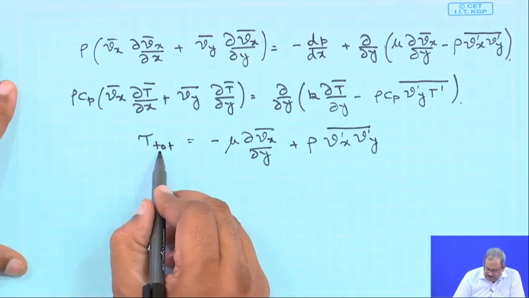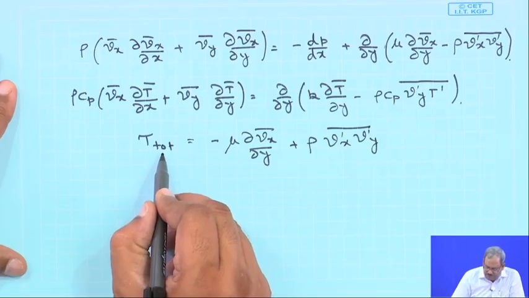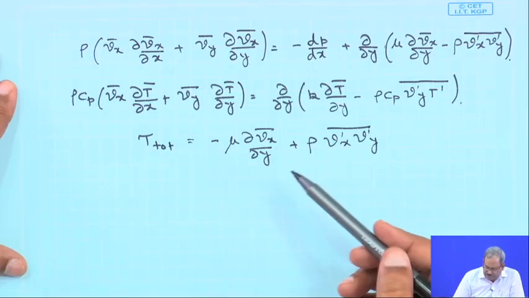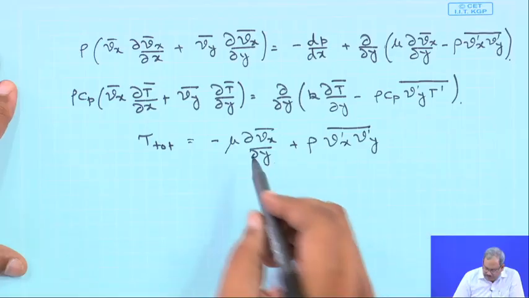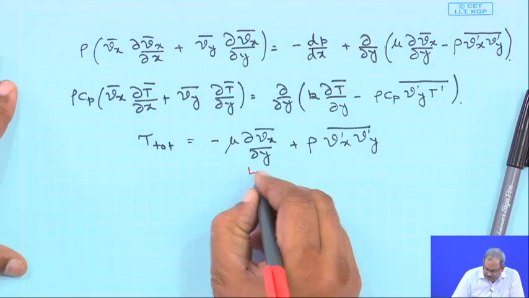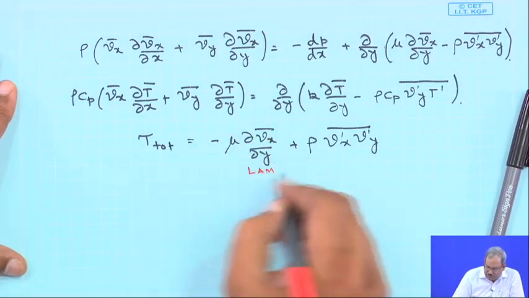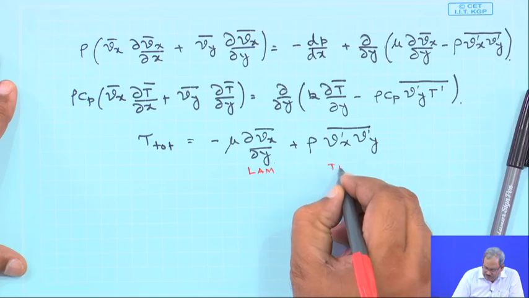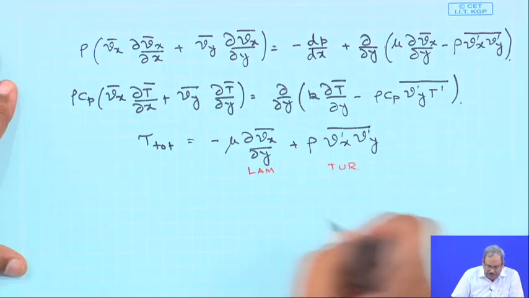So, this is the total shear stress exerted by a moving fluid, which has two components. One is due to the laminar part, with which we are concerned so far, and this is the turbulent part of it.